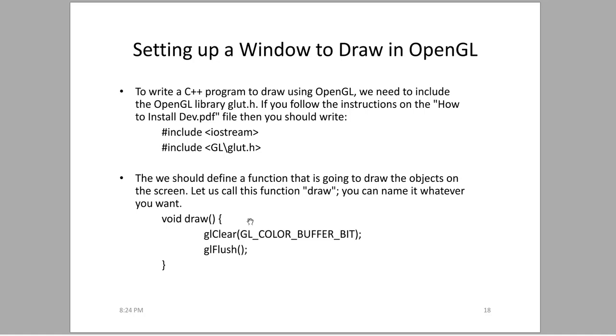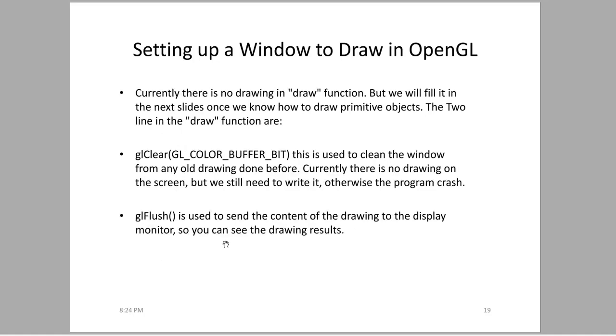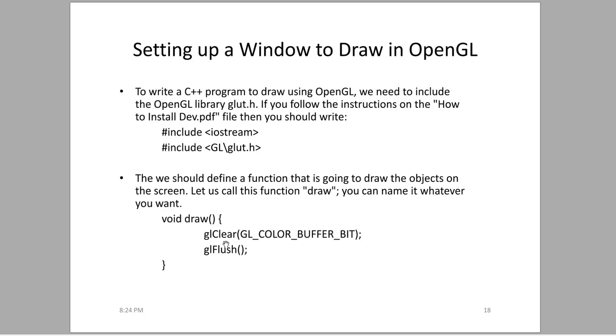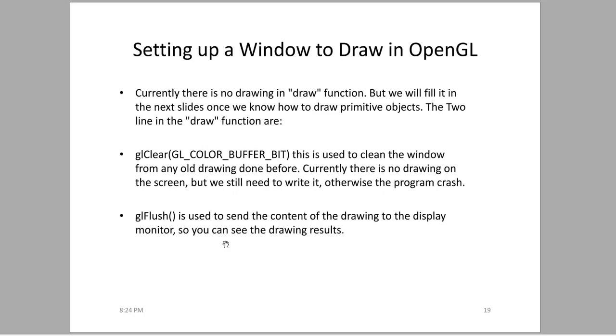Between glClear and glFlush you will have to draw something: draw points, draw lines, etc. Now what we see in this draw function, there is no drawing. It just clears, and then it flushes, meaning to flush something on this memory or show something on the screen.